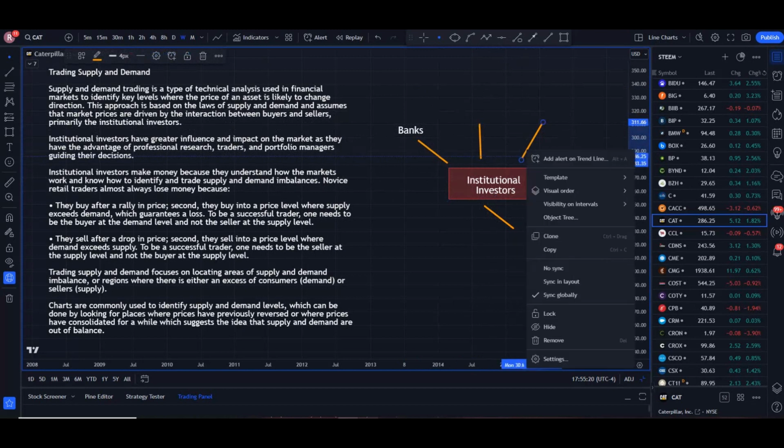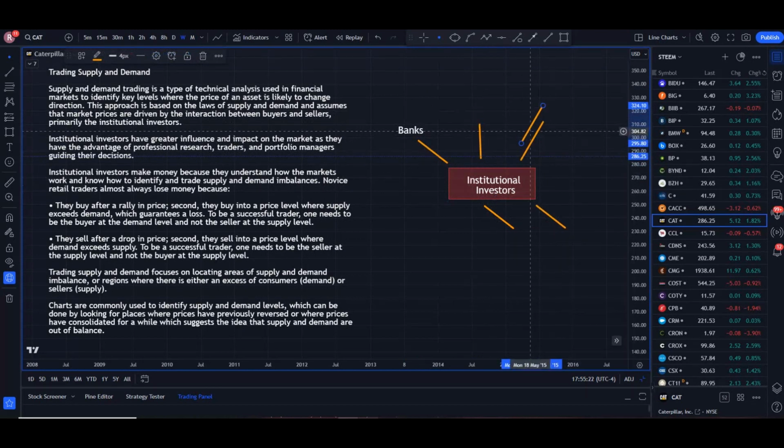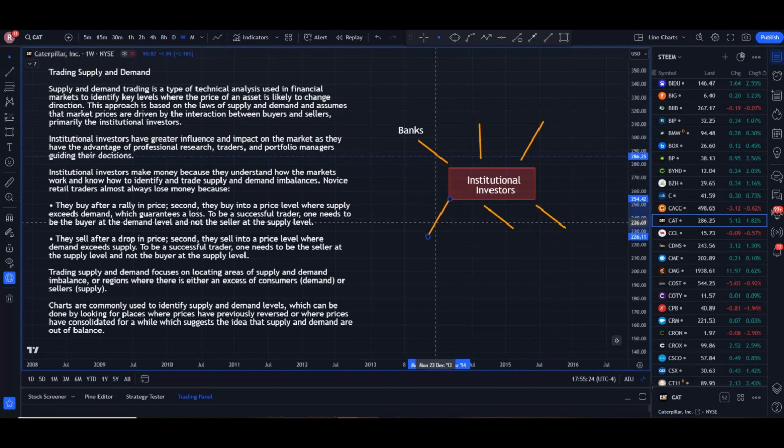And let's draw one more. So we got the banks as one.